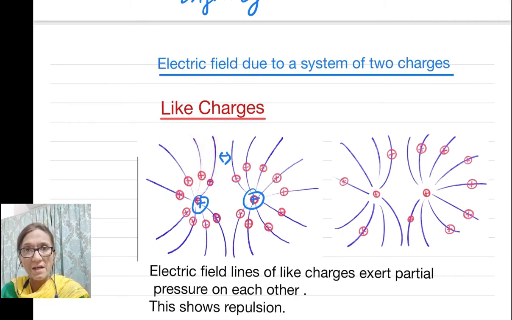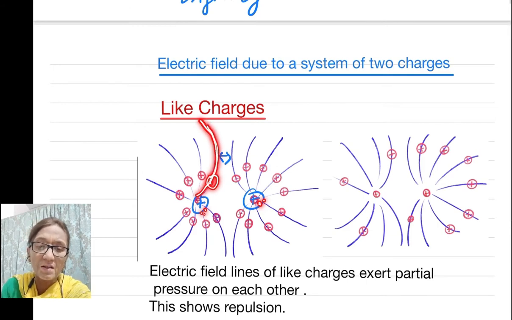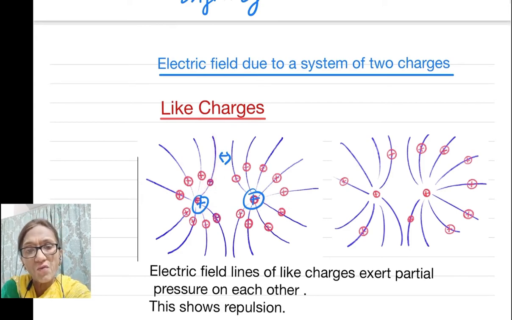How can you find that these lines are curved lines now? When you place a test charge near a pair of these like charges, you will find that the test charge is now moving on a curved path. And this curved path gives you the trajectory of electric field lines. If you place a test charge here, it will move along this curved path.